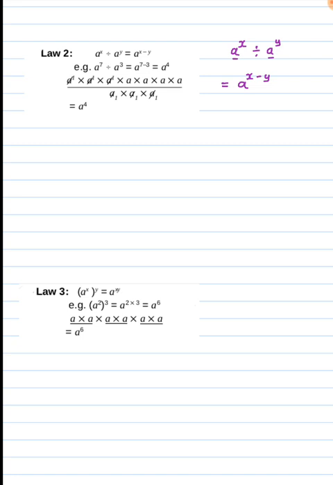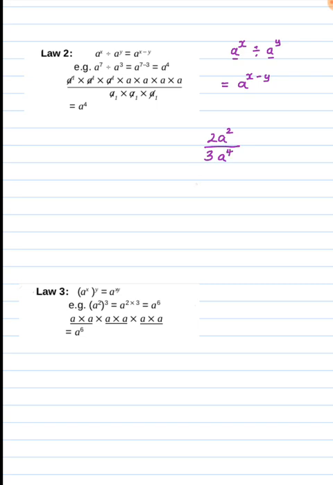Then if we are given the division in terms of numbers as well, let's write it, maybe possibly it will be 2a squared divided by 3a to the power of 4.